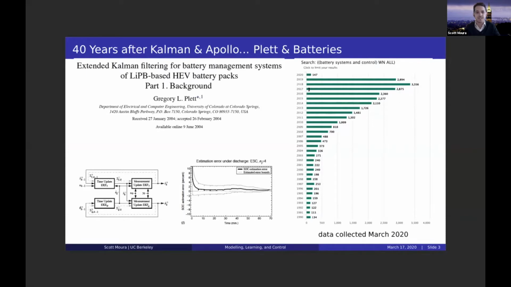So he wrote this very impactful trio of papers in 2004 using extended Kalman filters and their various iterations here. And what you can see actually is, if you search publications in battery systems and control, right after 2004, when he published this article, the field really took off here.